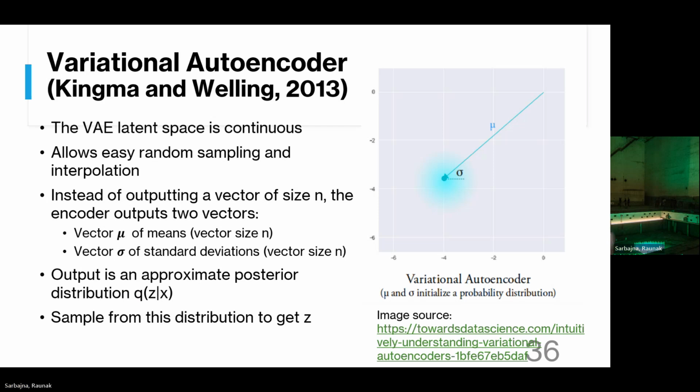But in a variational autoencoder, the output is not just a vector of original values, but a vector of means and standard deviations. So it essentially gives you a Gaussian distribution, and that approximate posterior distribution Q of Z given X is the output of the variational autoencoder, and you can sample from that distribution to get an output.